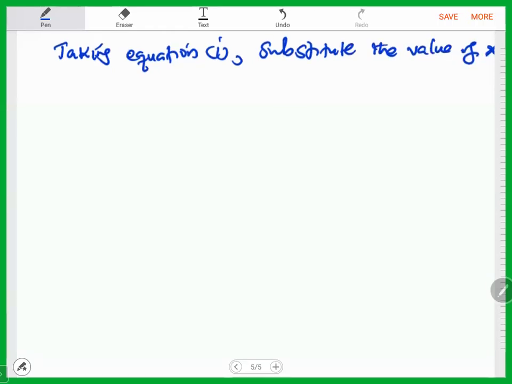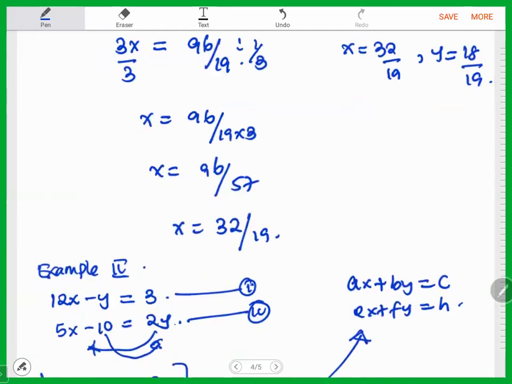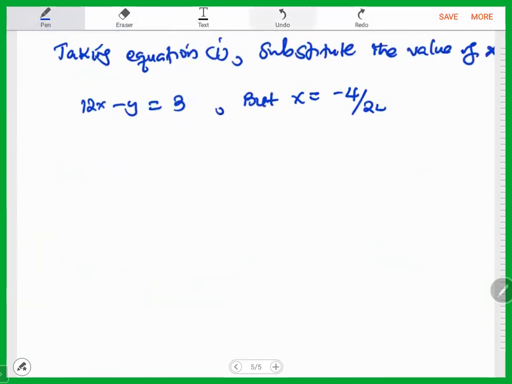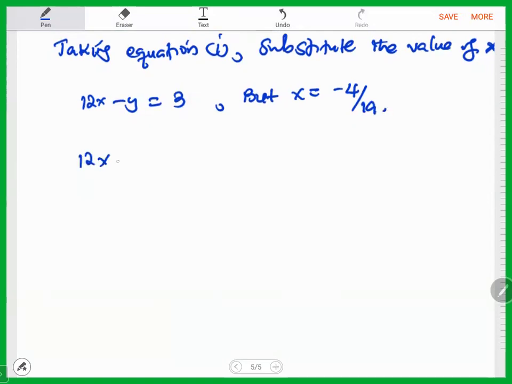Then that is 12x minus y equal to 3. But x is equal to -4 out of 19, sorry. So I'll have 12 times -4 out of 19 minus y is equal to 3.